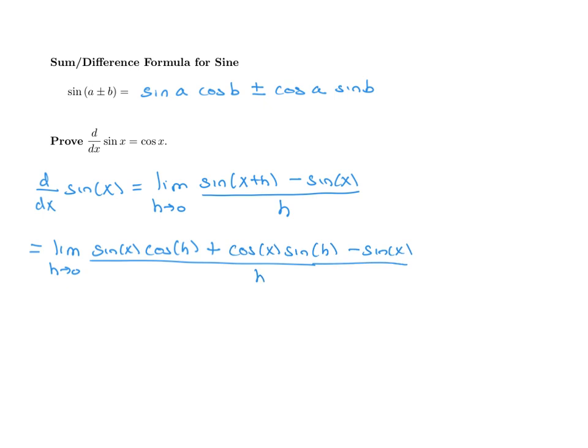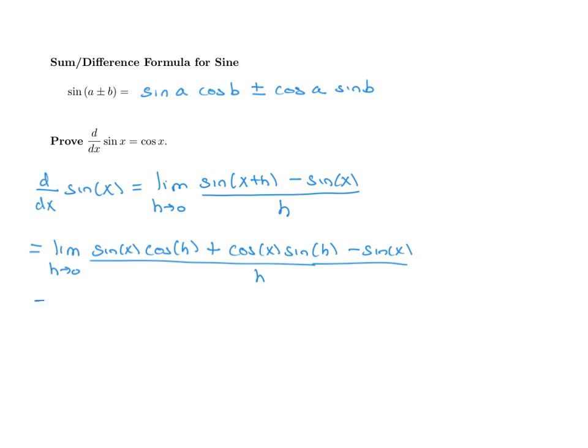And this is still all divided by h. Where do we go from here? Well, I see that here I have a sine of x cosine h, and here I have a sine of x. If I group this term with this one, it will allow me to factor out sine of x.